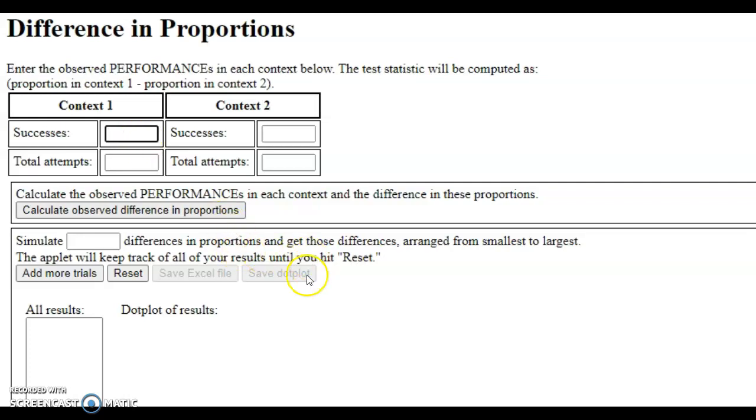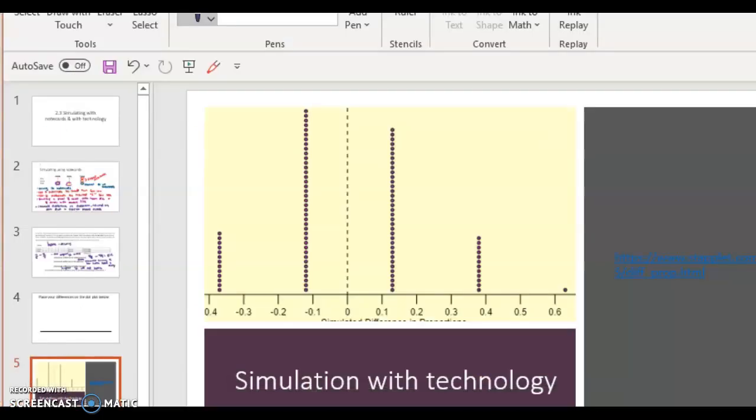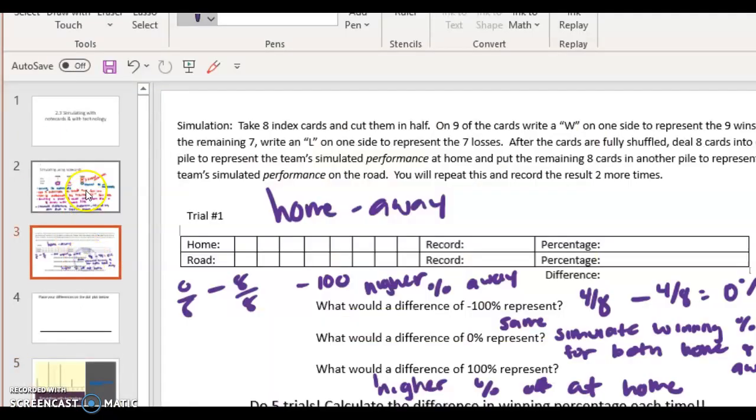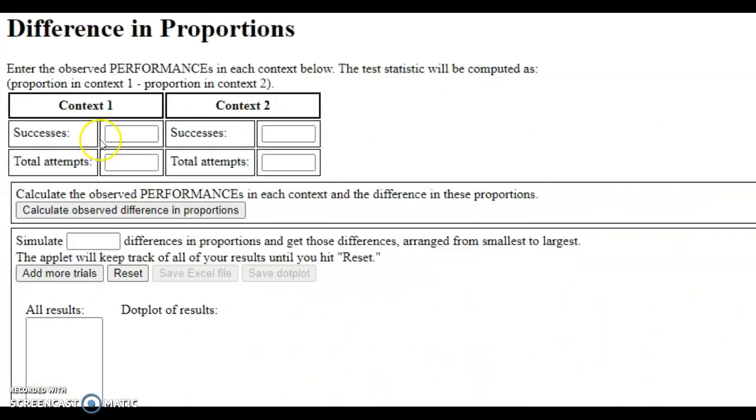So let's say, in this case, let's go back to our graph. We have that they won 6 at home out of 8, and they won 3 on the road out of 8. So 6 successes out of 8 attempts. Here they have 3 successes out of 8 attempts.